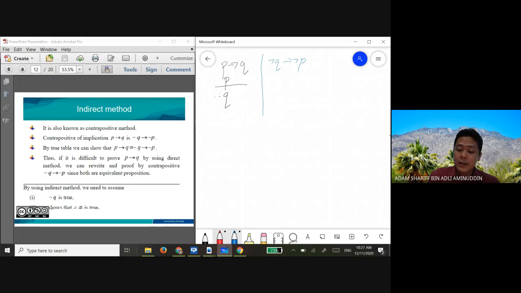This is the original implication. P implies Q. You need to convert first into this part. Okay, there's a reason for the conversion. Later I will explain. Okay, this is argument for the direct. Ini indirect number 2.